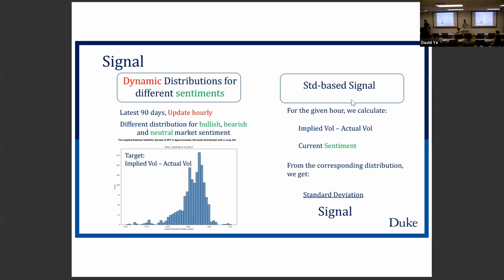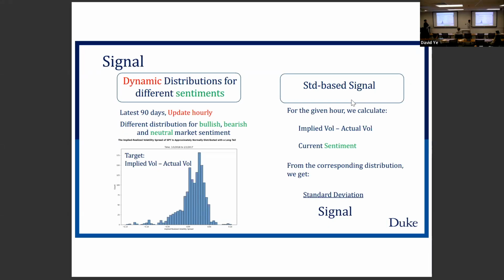Based on those components, we will construct our signal. We first construct the distribution for the difference between the implied and the actual volatility. For each ETF, we have 3 different distributions for bullish, bearish, and neutral markets. And it's also a dynamic distribution.